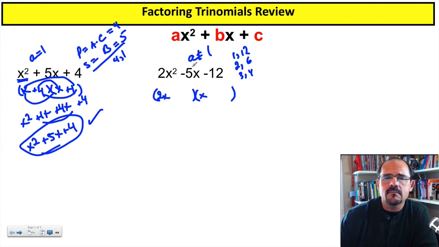Now I look at the middle term because I know that they're going to sum up to give you negative 5 after I'm done multiplying them. And I see the negative 5, I see the 3, I see the 4, the 2, 6. This, if I add and subtract them, is going to give me 8, 4, things like that. This, if I add and subtract them, is going to give me 11, things like that.